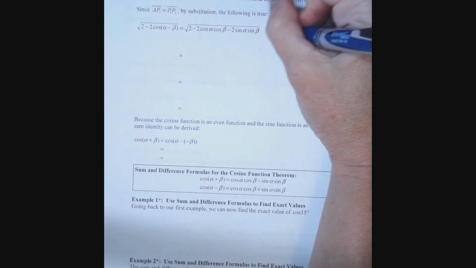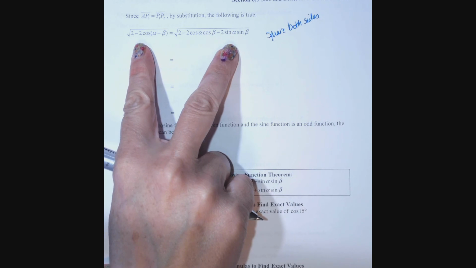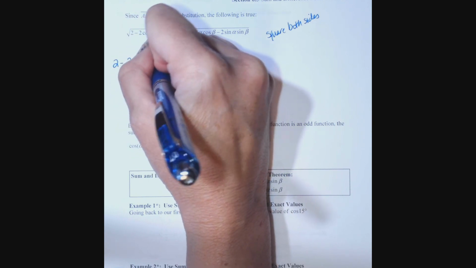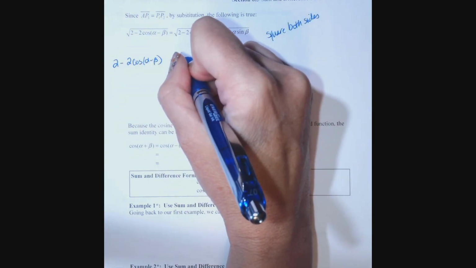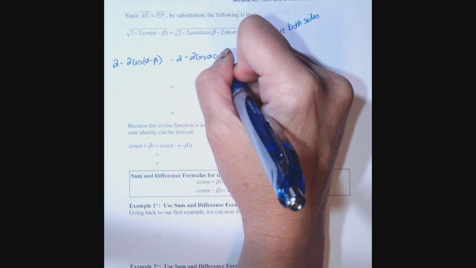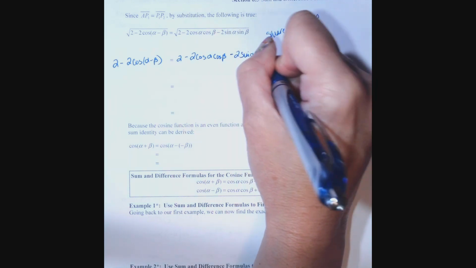Well, let's square both sides. Algebraically, you can do the same thing to 2 sides of the equation to keep the equation balanced. So if I square both sides, that is going to undo the square roots. And that leaves me with 2 minus 2 cosine of alpha minus beta equal to 2 minus 2 cosine alpha cosine beta minus 2 sine alpha sine beta.